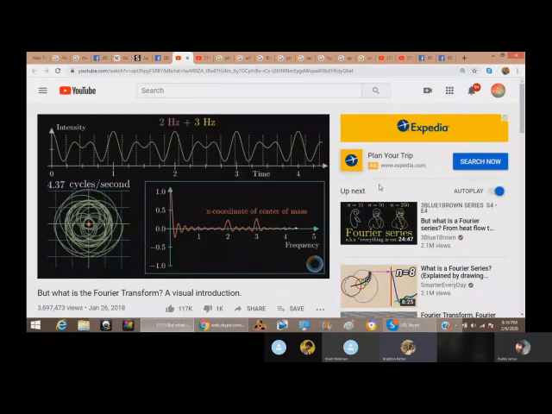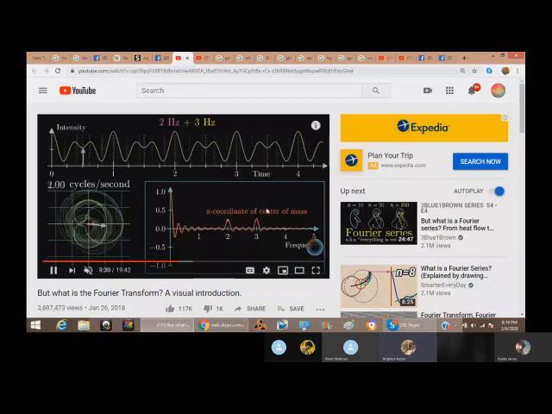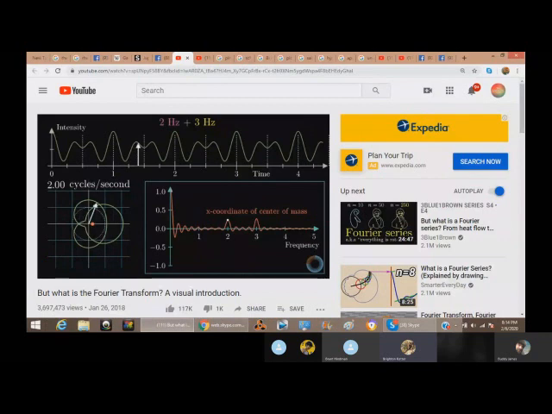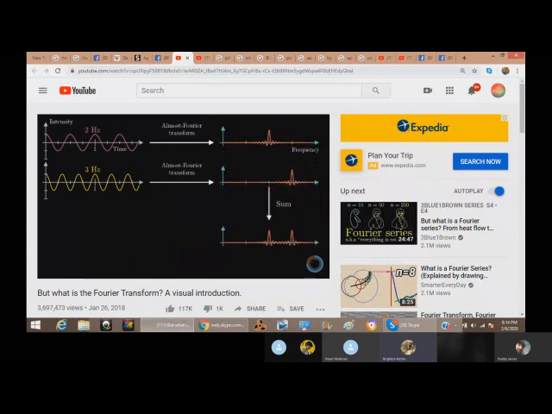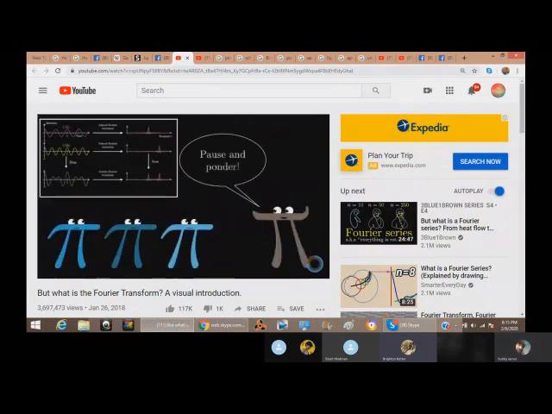Okay, so what they've done is they've taken this graph, 2 hertz per second and 3 hertz per second, and put them together. So this is playing both 2 hertz and 3 hertz at the same time. And they've created a graph to decode what is playing, because the graph is extremely complex when you look at it, and we don't know how to break that down into 2 hertz, 3 hertz.